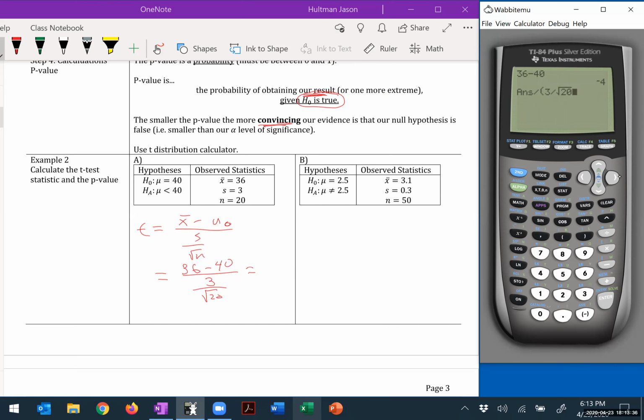I'm going to arrow over and put a close parenthesis, and that gets me negative 4 divided by 3, so negative 5.963. Okay, and that would be my t statistic.